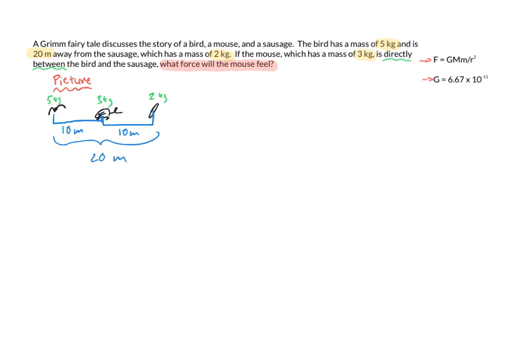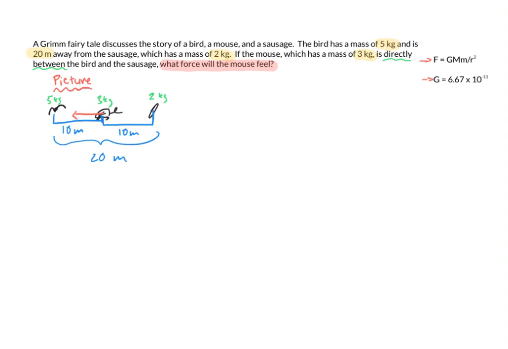Finally, I'm going to draw in my arrows to represent the forces. We know that the mouse is going to be drawn towards the bird by the bird and is going to be drawn towards the sausage by the sausage.